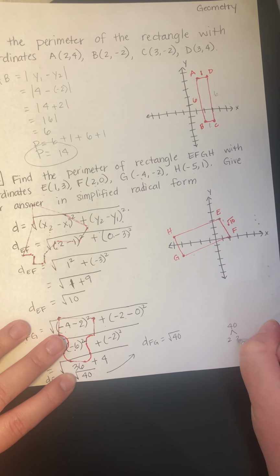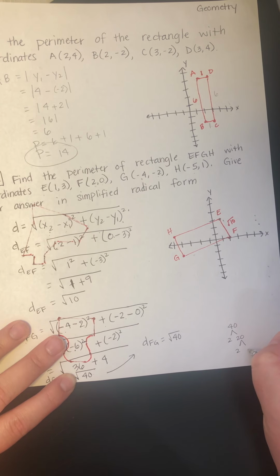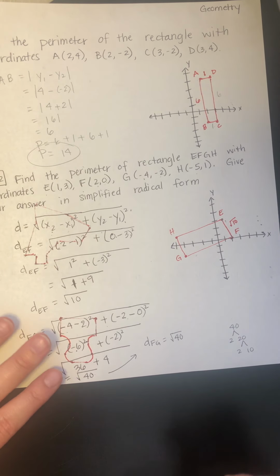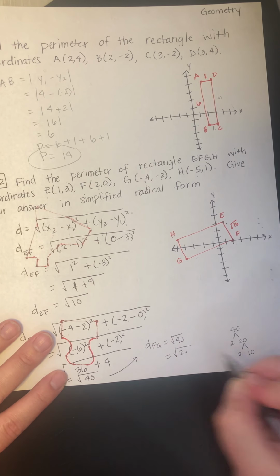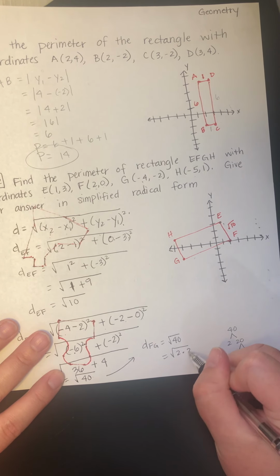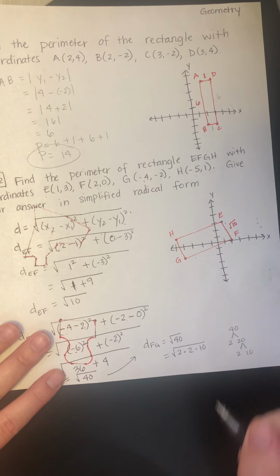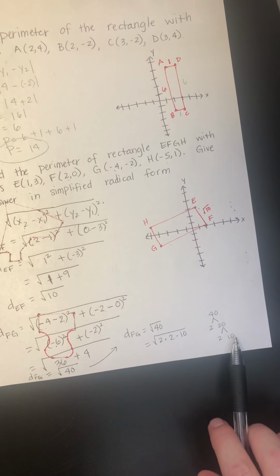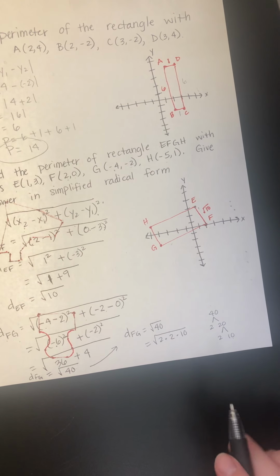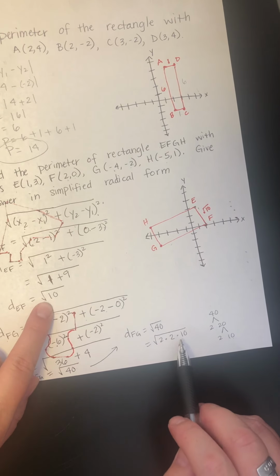Let's divide by 2, we get 20. If we divide by 2, we get 10. So the square root of 40, another way to rewrite it, is 2 times 2 times 10. I'm not going to factor anymore, because if we factored 10, it'd be 2 times 5, and we don't need that. We want them to both be the square root of 10.